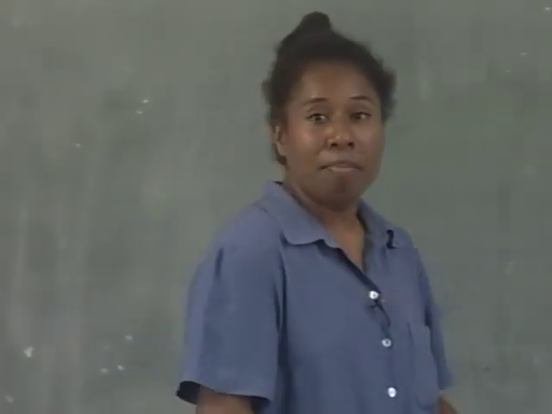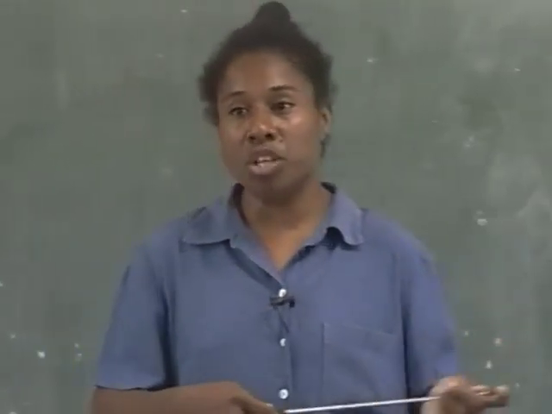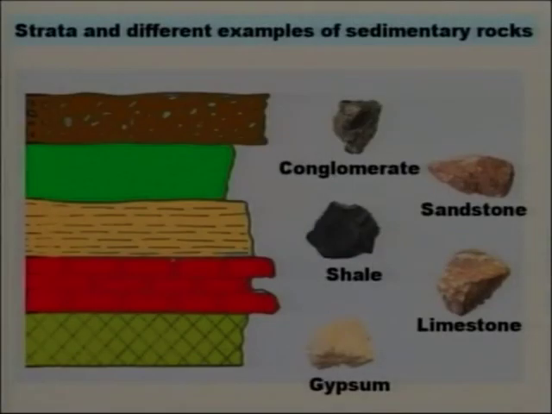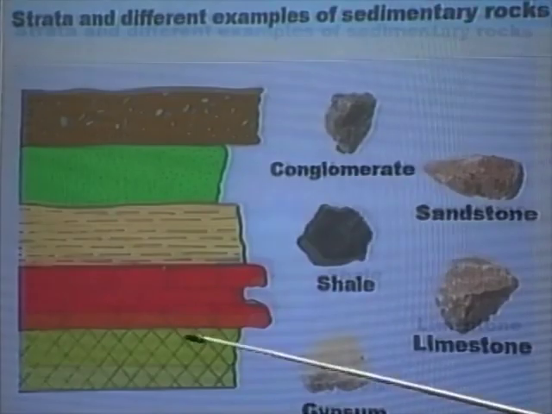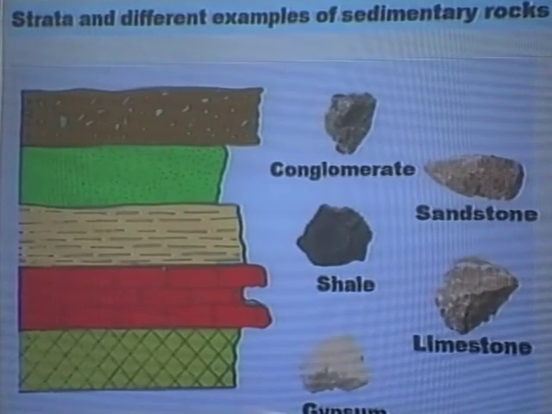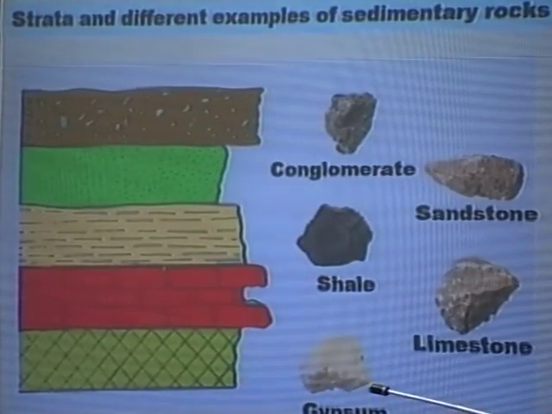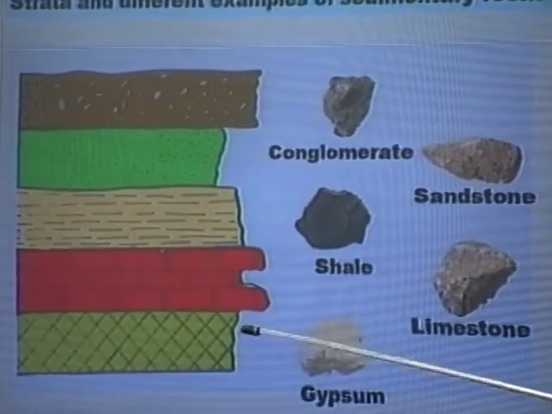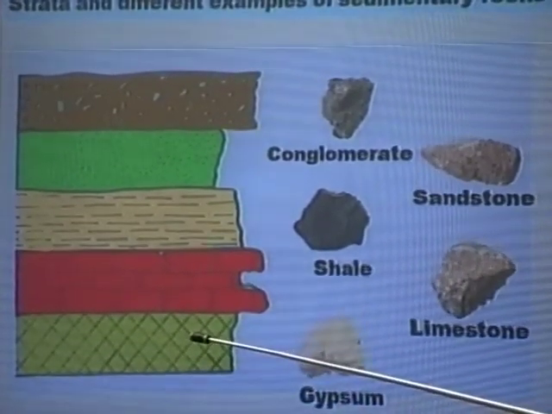Look at some examples of sedimentary rocks, of which you will be required to make note of later on. At the lowest or the first strata or stratum, you could have rocks which are, maybe, examples of gypsum. Gypsum is a sedimentary rock, and this layer here might be made up of rocks which are mainly gypsum.